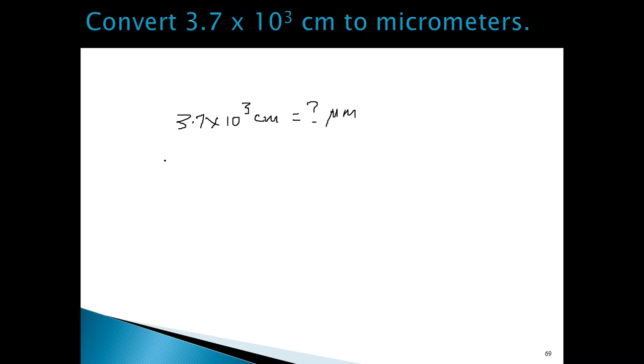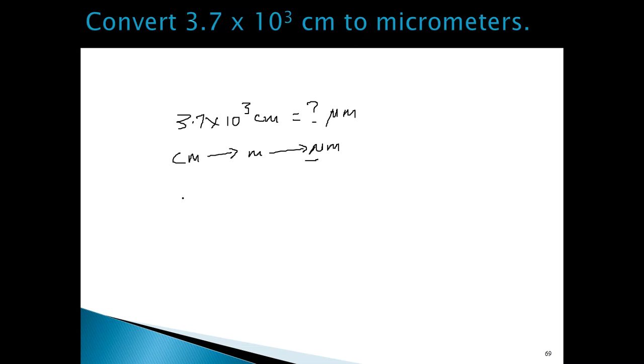Well, it may not be obvious to you what the relationship is between the centimeter unit and the micrometer unit. However, we know the relationship between the centimeter unit and the meter unit, right? And we can convert therefore from centimeters to meters using that relationship. We can also, after that, convert from meters to micrometers, again, based on the relationship that would be provided in the table, what micro means, 10 to the minus 6. So we can basically do this process, getting the final answer, in 2 steps, where 2 conversion factors are required.